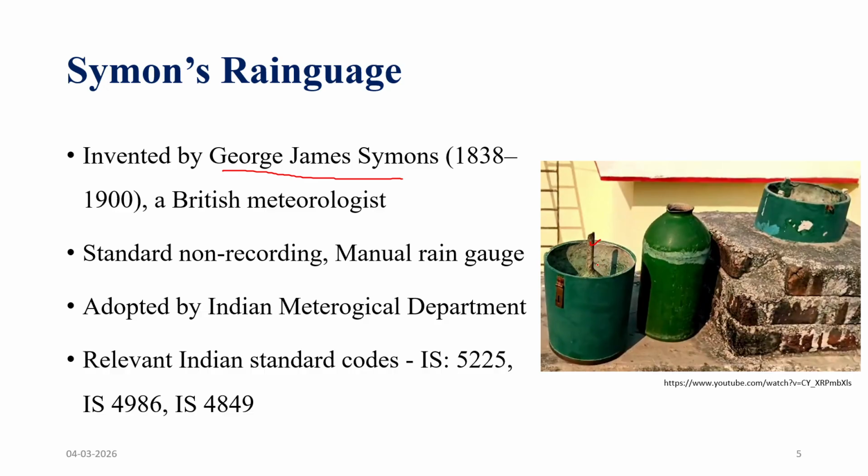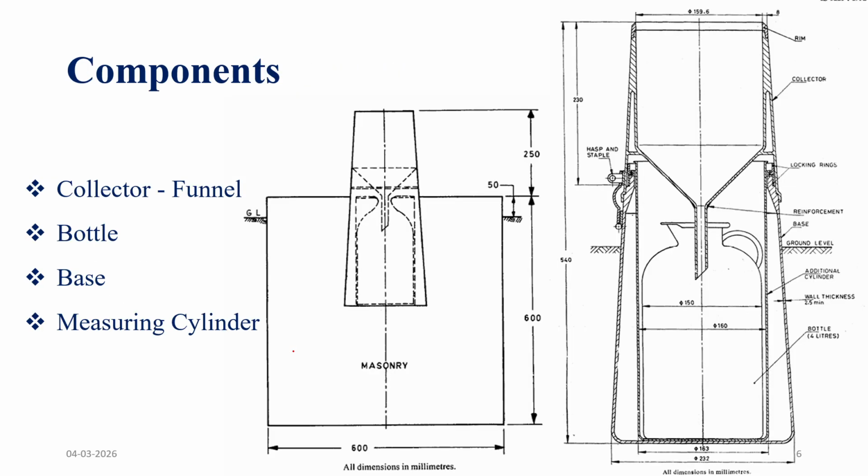So, in the Symon's rain gauge, the water is collected via a funnel into a bottle for total accumulation. The Indian Standard codes 5225 and 4986 and 4849 tell about the Symon's rain gauge.